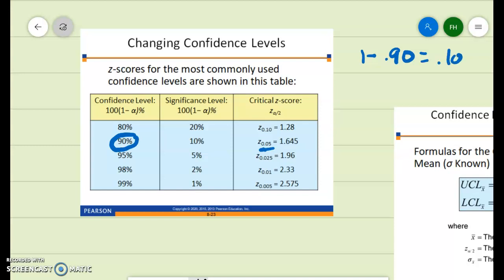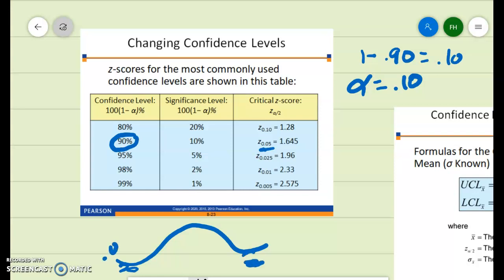So your alpha is 0.10, and when we're doing a normal distribution, we have what's called two tails on the end here. So on each end, we would have 0.05, so they would add up to 10%.